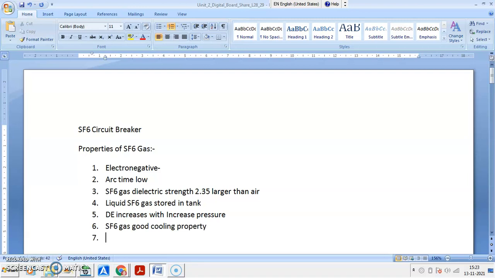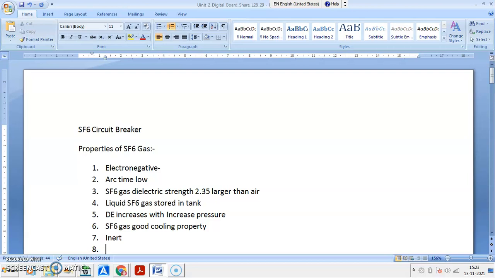Okay, then SF6 gas is also inert. It means normally chemical reactions do not occur at the contacts. Normally oil and other dielectric media may cause erosion and corrosion of contacts of the circuit breaker.